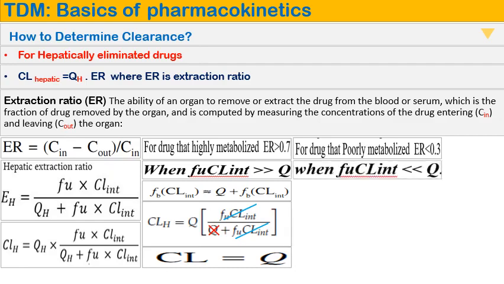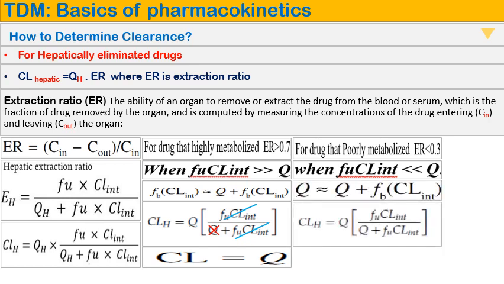That means the fraction unbound multiplied by intrinsic clearance is much smaller than the hepatic blood flow. The final equation will be as follows. Here the fraction unbound times intrinsic clearance is very small, so it will be omitted from the denominator. Only QH remains in the denominator, and it cancels with the QH in the numerator. So for a drug poorly metabolized by the liver, the clearance depends only on the fraction unbound multiplied by intrinsic clearance, which is the enzyme activity.